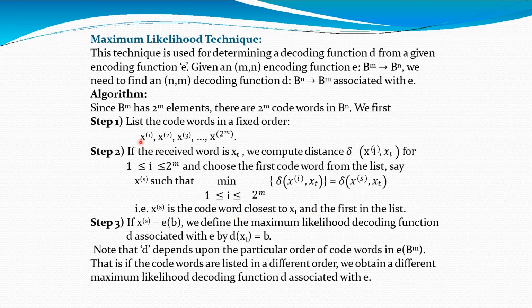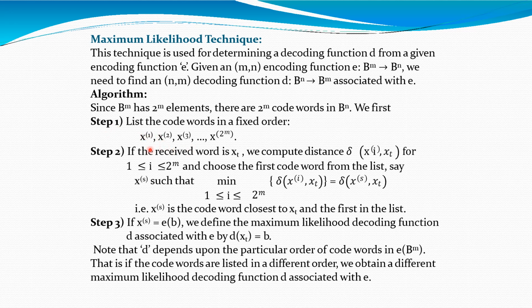Now see, the first step is to arrange all the code words in a fixed order, say x1, x2, up to x2 raised to m. Now suppose the received word is xt. Keeping xt fixed, we find all the distances. That is, we find delta x1 xt, delta x2 xt, and delta x2 raised to m xt.